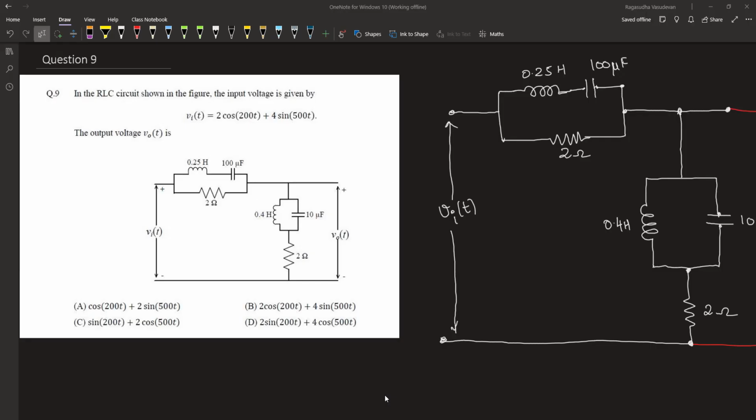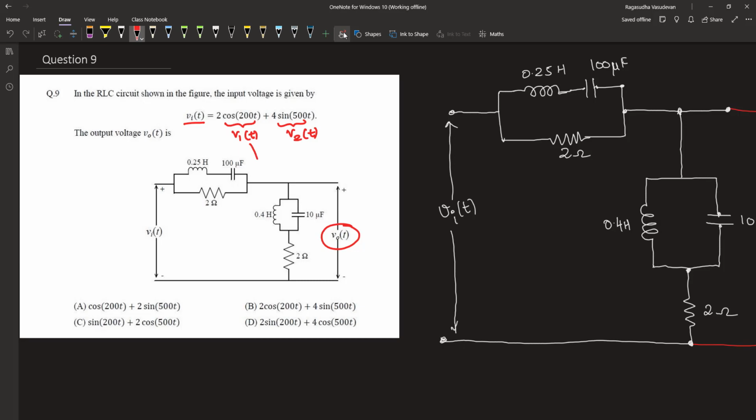In this circuit, we have two pairs of tank circuits and the input voltage Vi(t) has two frequency components. Let's say this component is V1(t) and this component is V2(t). By superposition theorem, we can determine the impact on the output due to each of these components separately.